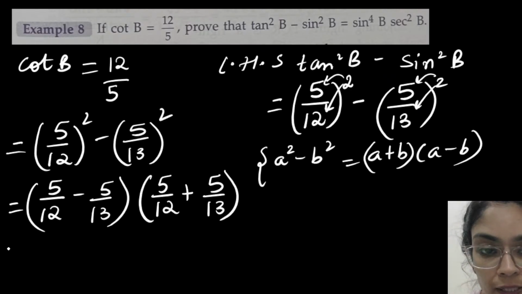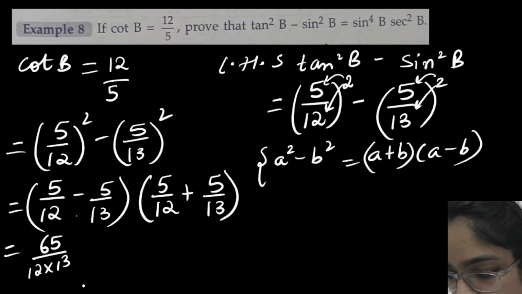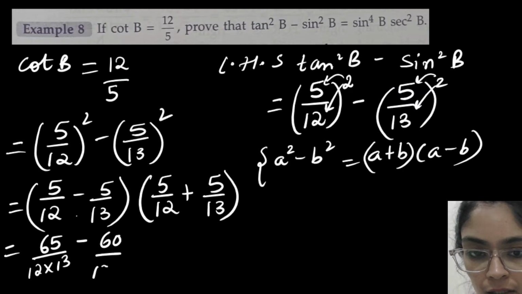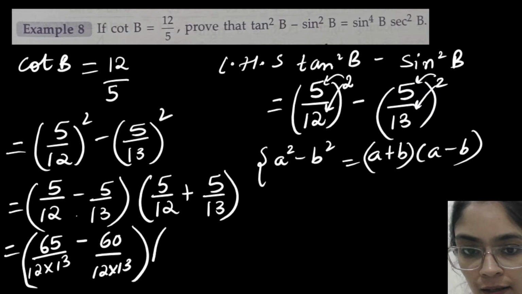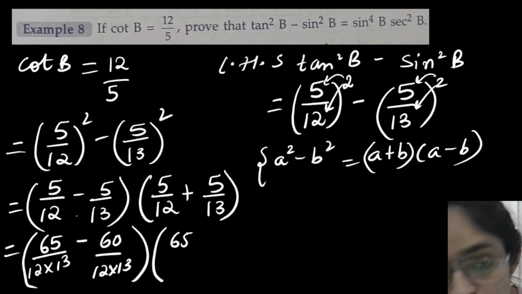So here now, if we do this thing, LCM we can do. So this will become 65 by 12 into 13. What is 12 into 13? Here it will become 60 by 12 into 13. Then just multiply this, and this is again here it will become 65. See, I am taking LCM. I hope every one of you already knows 156.